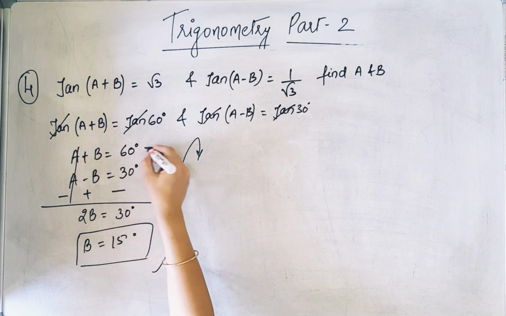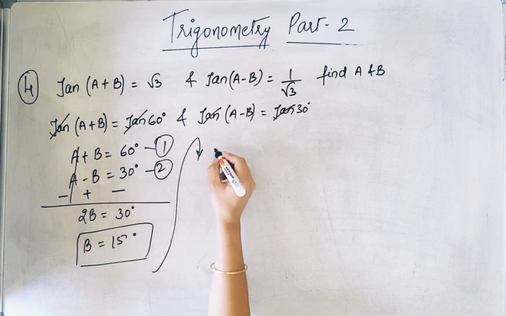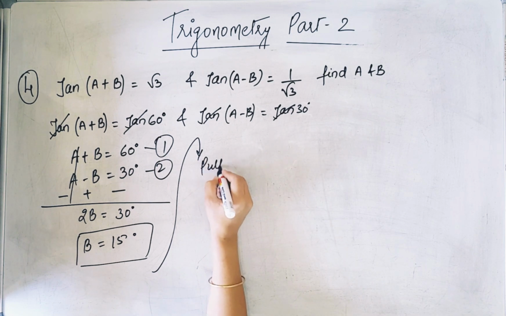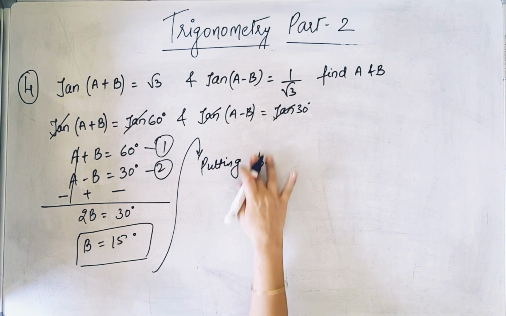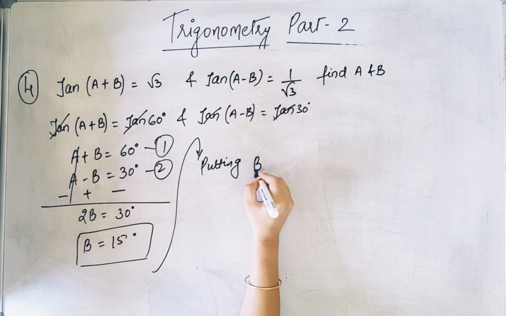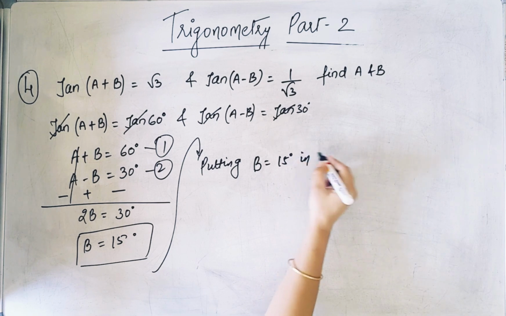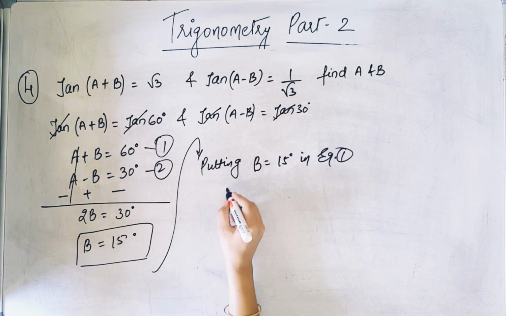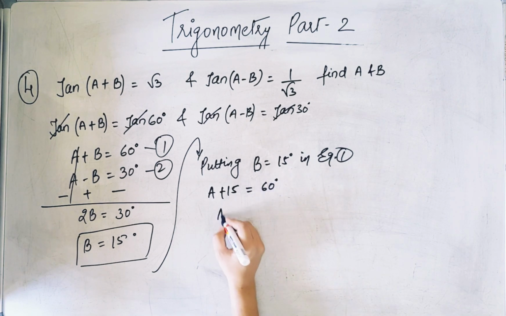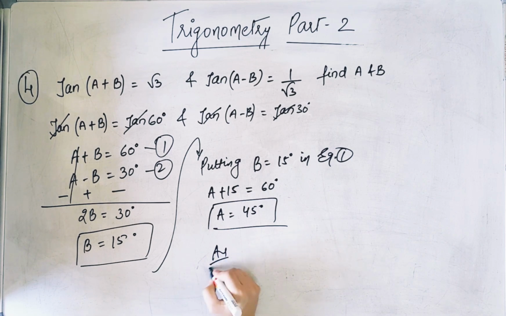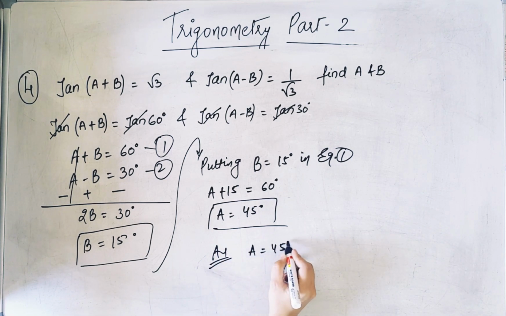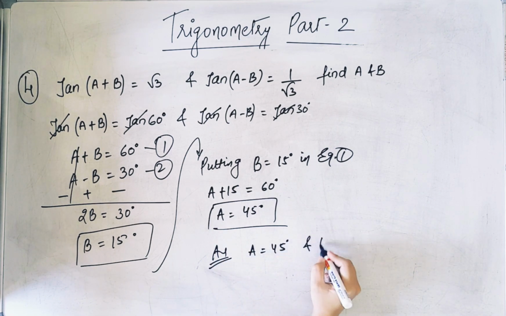So we'll put the value of b in equation number 1: putting b equals 15 degree in equation 1, a plus 15 equals 60. A is equal to 45 degree. So the answer is: A is 45 degree and B is 15 degree.